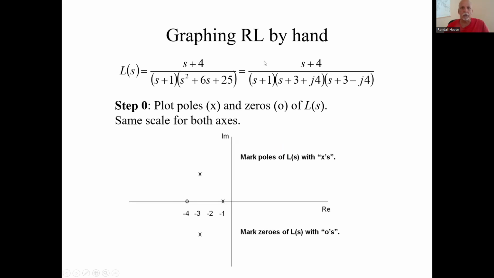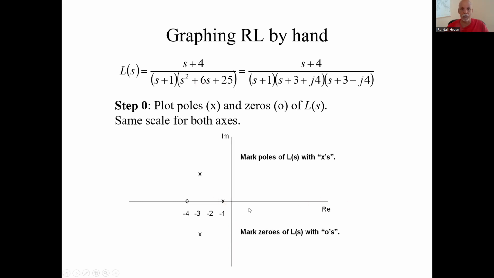So let's talk about an example. So here's our L of S. It has a zero at minus 4, a pole at minus 1, and complex poles at minus 3 plus or minus j4. Step 0, before you do anything, is simply plot poles and zeros of this L on the complex plane and make your scales equal.